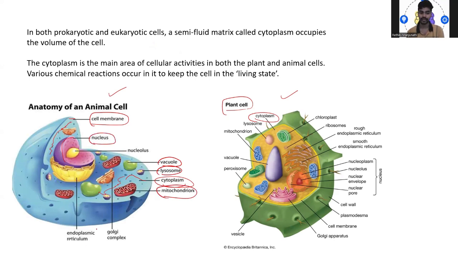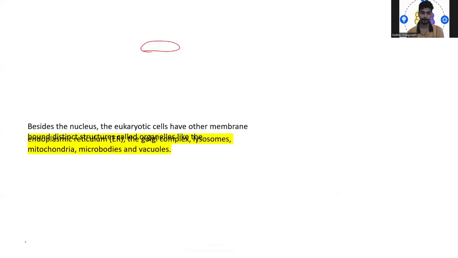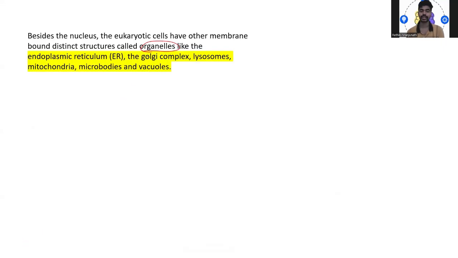Then we have the endoplasmic reticulum and Golgi complex. All these things are there: Golgi complex, lysosomes, mitochondria, microbodies, vacuoles. But the prokaryotic cells lack such membrane bounded organelles.